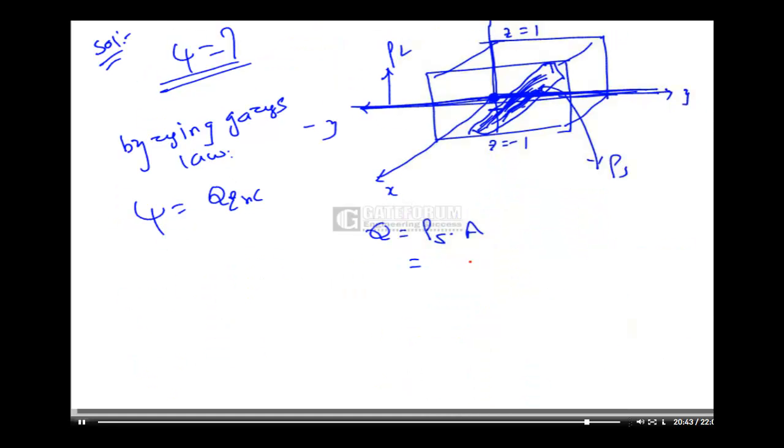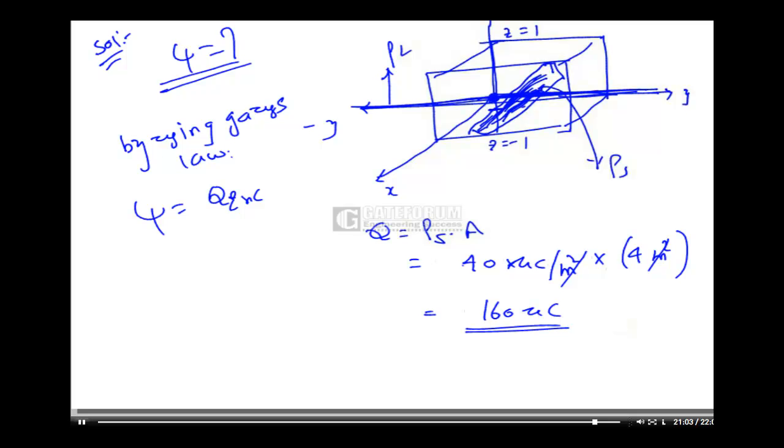So this is 40 microcoulomb per meter square into area. The cube side is 2 meters, so area is 2 into 2, 4 meter square. Meter square cancels. This is 160 microcoulomb, Q due to sheet.